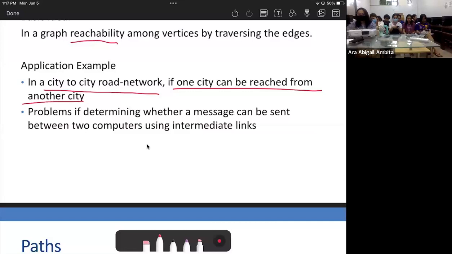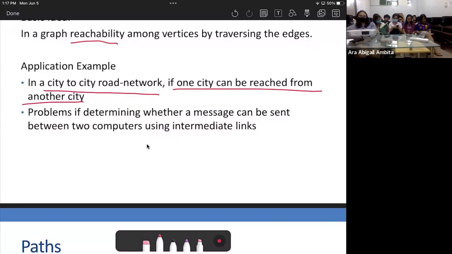The problem is, if you want to determine whether a message can be sent between two computers using intermediate links. For example, connected tayo sa isang network, right? So merong isang network na hindi makakonect sa server. So ano kaya yung problem? We can check our network, right? If merong mga problem, baka merong mga disconnected na computers with our server.